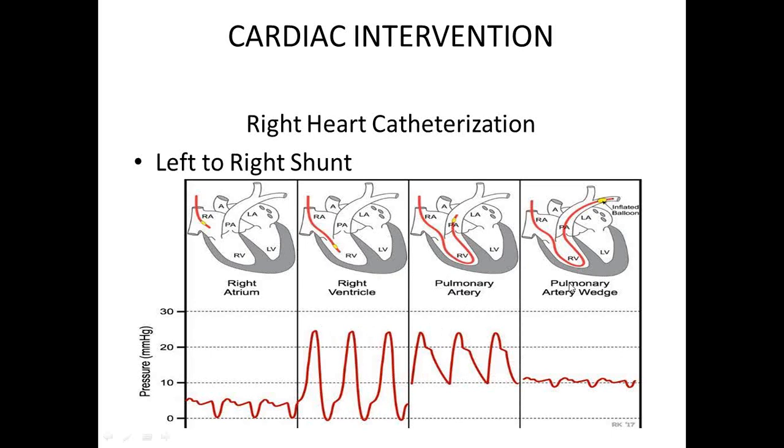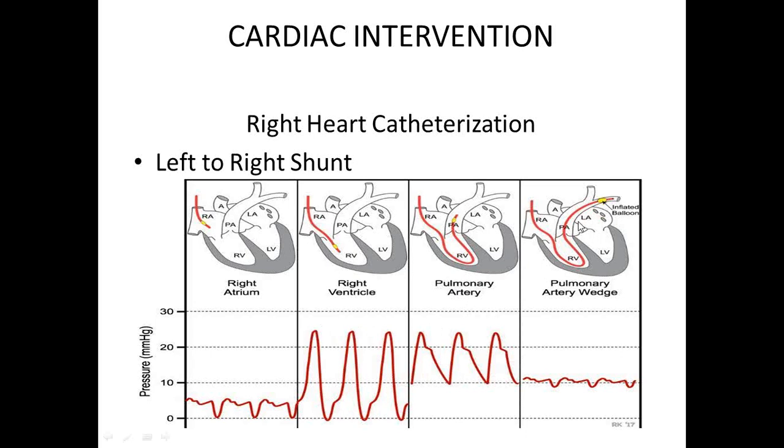And then when you do your pulmonary capillary wedge pressure, you go all the way out and you go into the capillaries and you stick your catheter there. So this pulmonary capillary wedge pressure is actually a reflection of the left atrial pressure. It is a measure of the left atrial pressure.